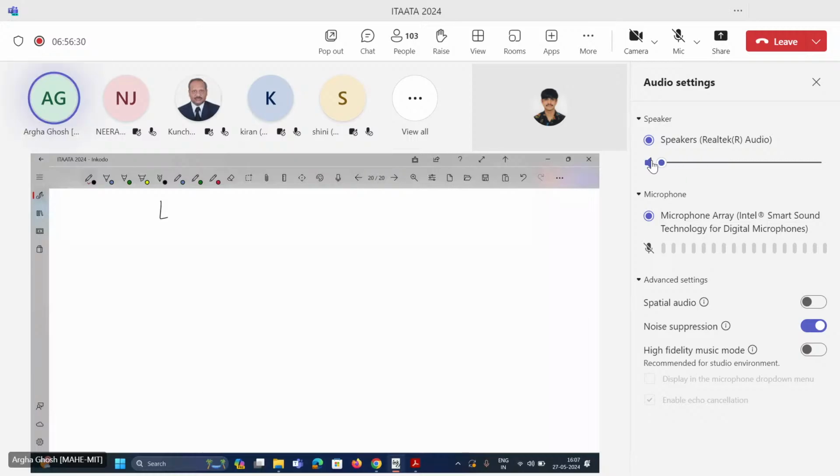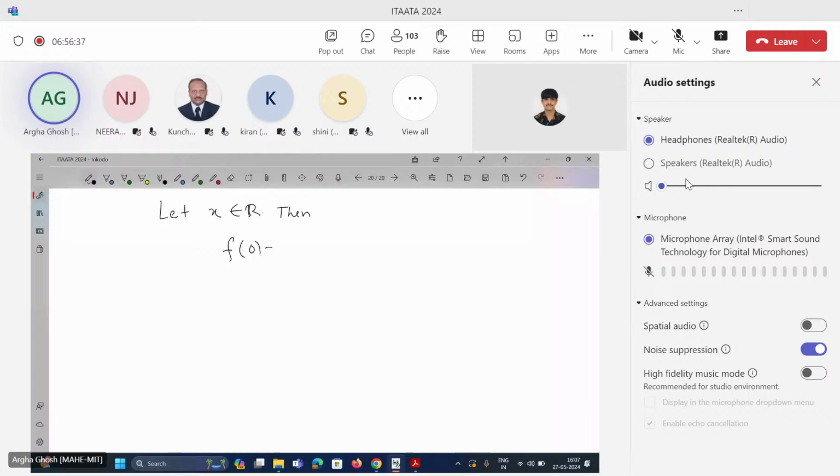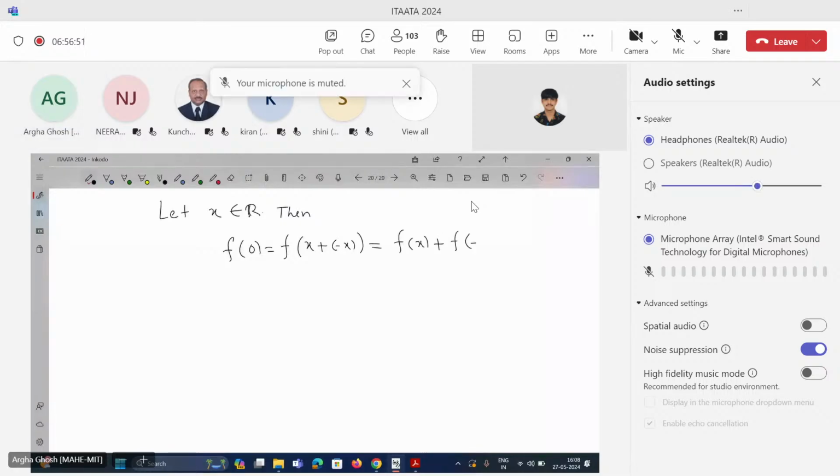Then f of 0 can be written as f of x plus minus x. By additivity, it is f of x plus f of minus x, and f of 0 we know is 0. So this implies that f of minus x is minus f of x.